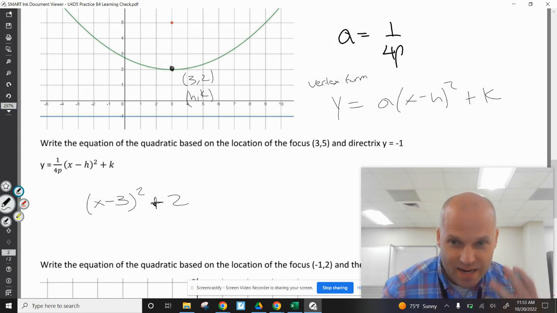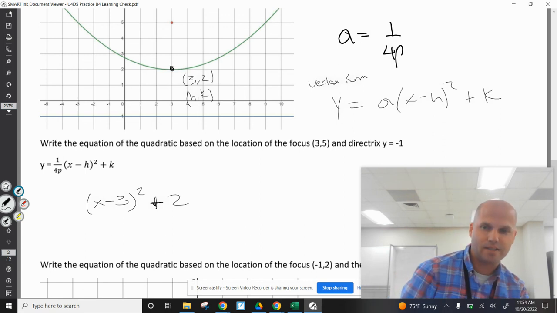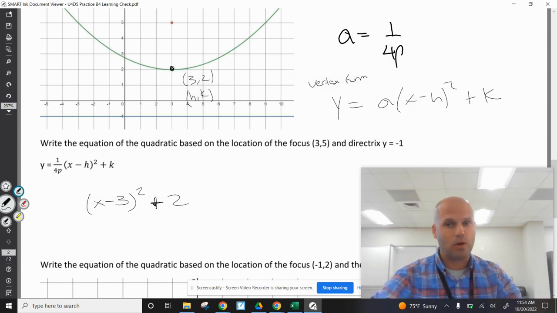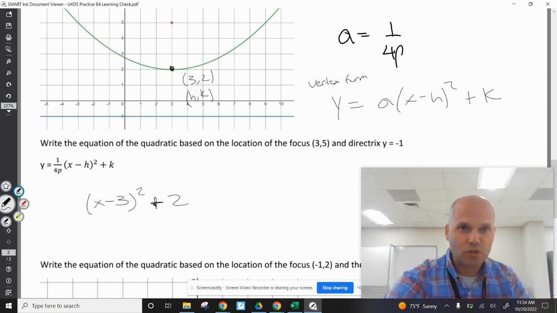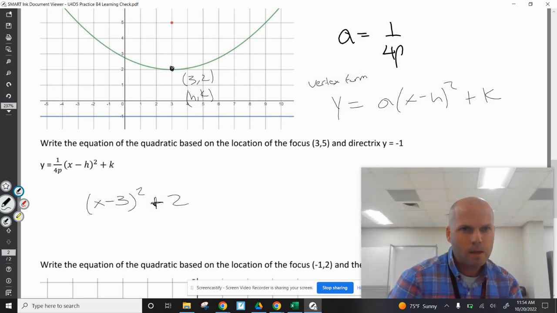If I find p, I don't have to worry about using another point and solving for a, which is what we did on our quiz last class. If you actually know what your vertex and your directrix are, this is a piece of cake. Because watch, I know p, this distance here is 3. Go 1, 2, 3.